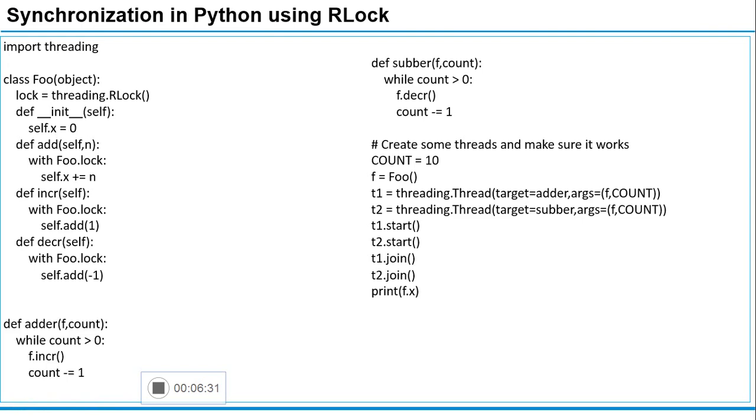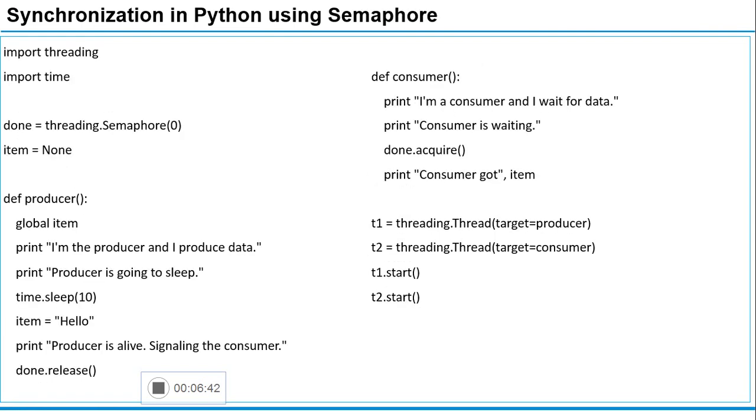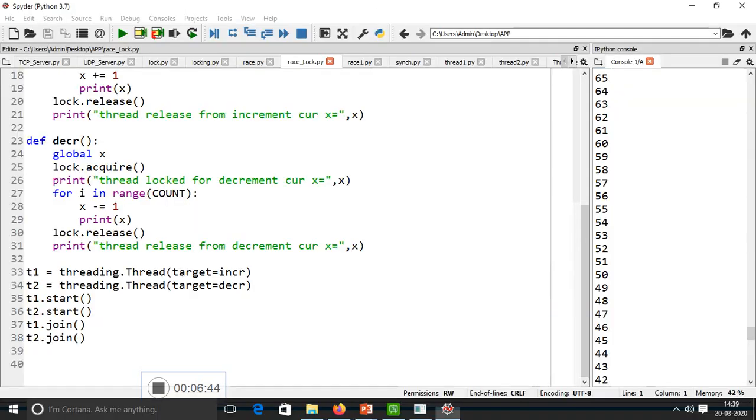It can increment. And second, I have defined two more methods called adder and subtract, where you are trying to call the increment and decrement functions. Let's see how the behavior of the reentrant lock works.